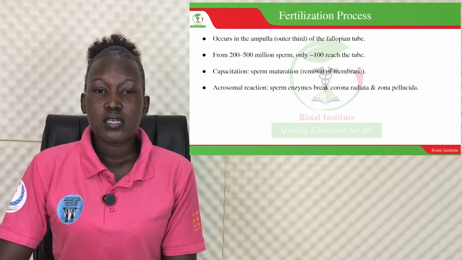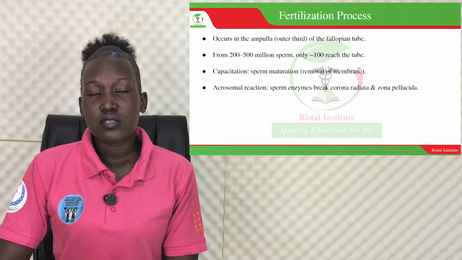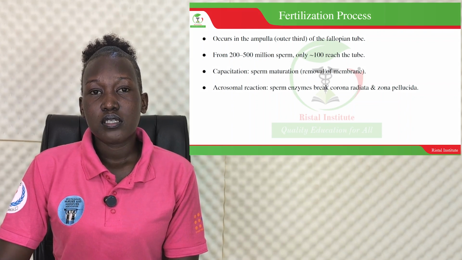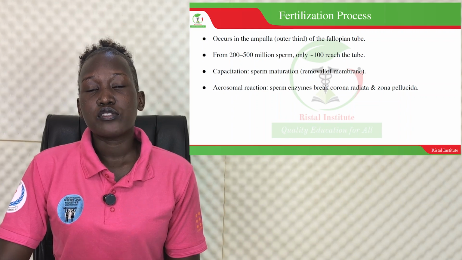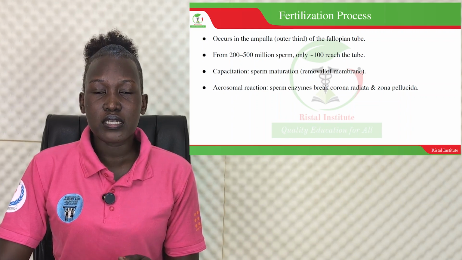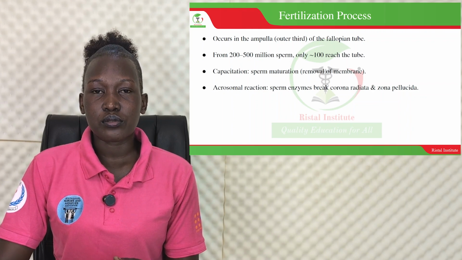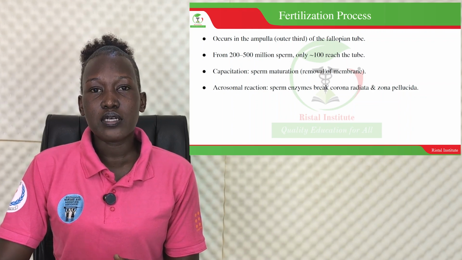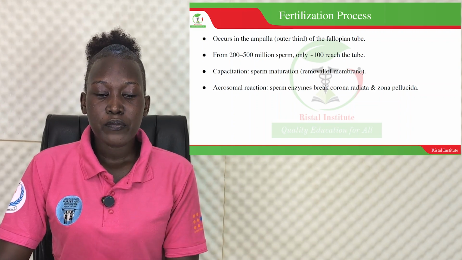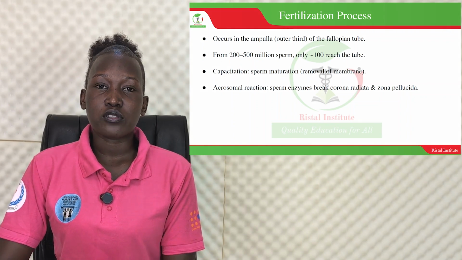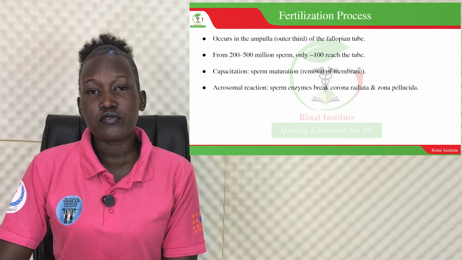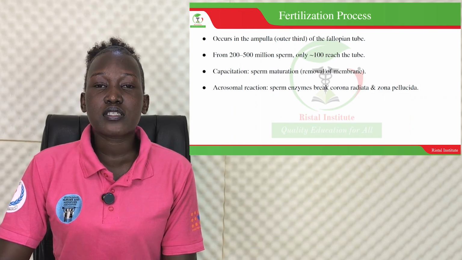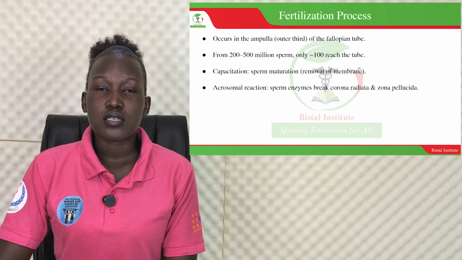Capacitation takes place within 7 hours, not 72 hours. It remains within the uterine cavity to mature. If the sperm was not mature enough, it will stay for capacitation and removal of the cell membrane, for its tail to be strong enough, and all those things.